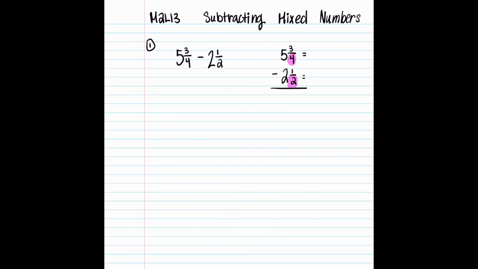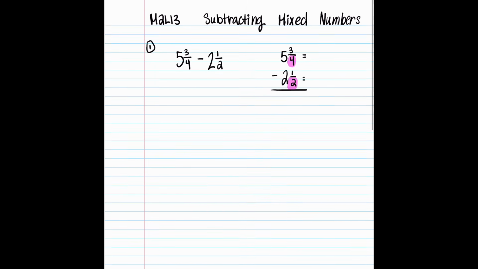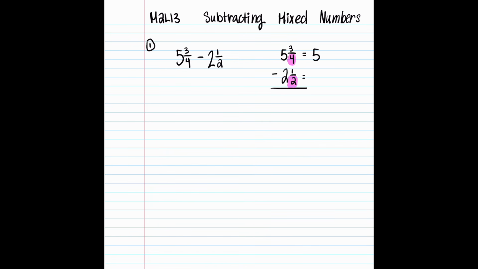And hopefully we've done this enough that you are automatically thinking 4 is a good denominator. So I'm going to keep my whole number here, and I'm going to keep 3/4 because I already have fourths as my denominator. Then I'll have 2, and I need to change this fraction, 1/2, into another fraction.